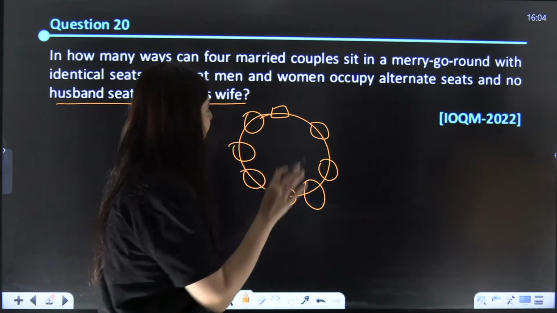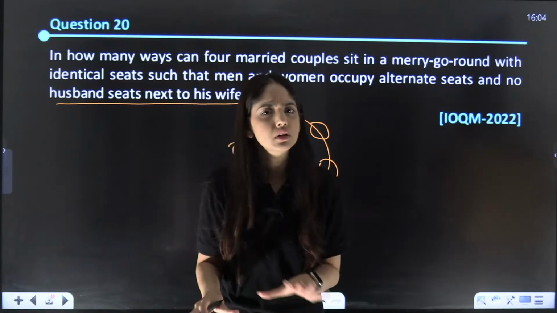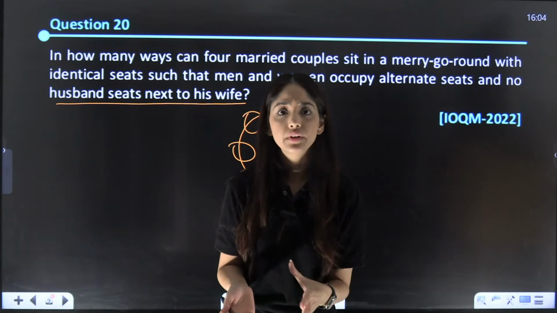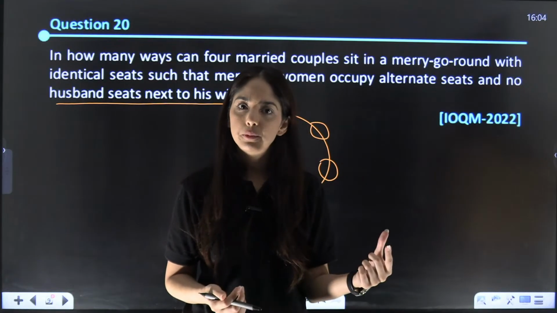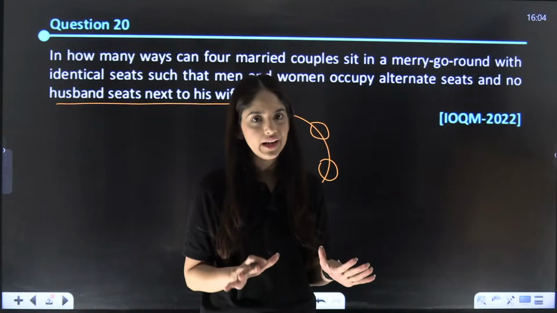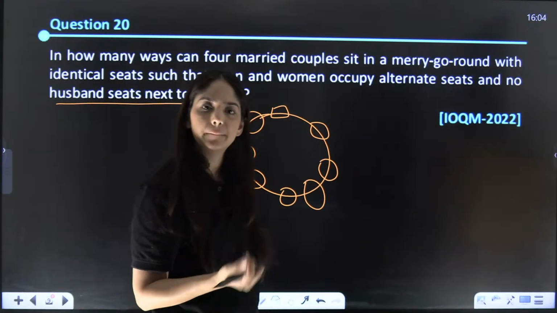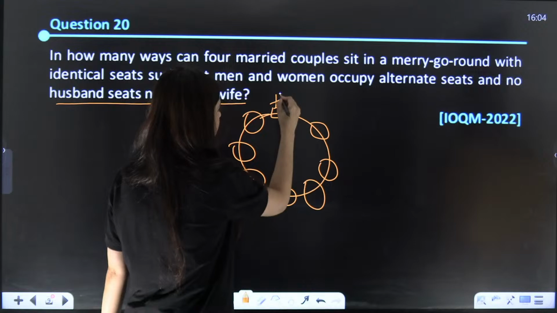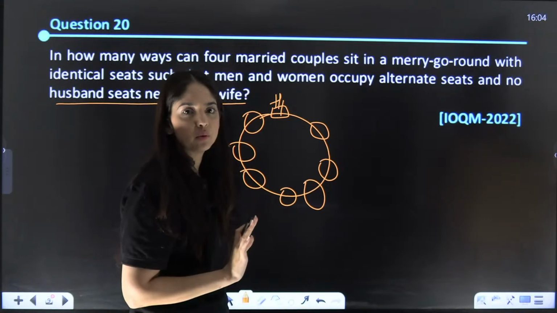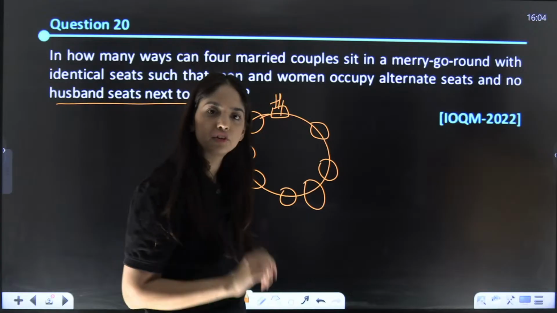Because they are identical seats, we will follow the circular arrangement problem. How did we do that? We fixed one person and then we arranged everyone else around that person, right? N minus 1 factorial. So let's first arrange the men. Let's say we have husband 1 sitting here, because it's identical, it doesn't matter. So we fix the seat of the first husband.